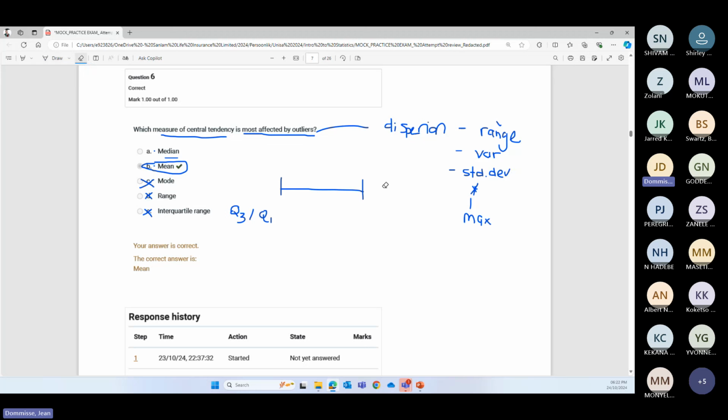It will not have an impact on interquartile range, because it does not have an impact on Q3 or Q1.